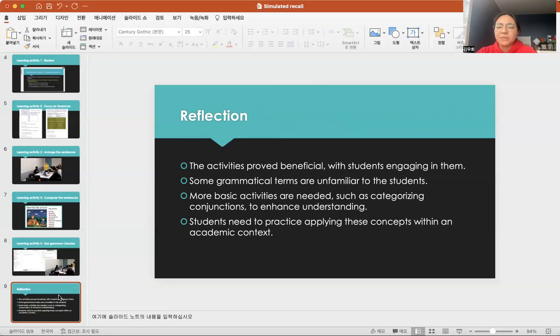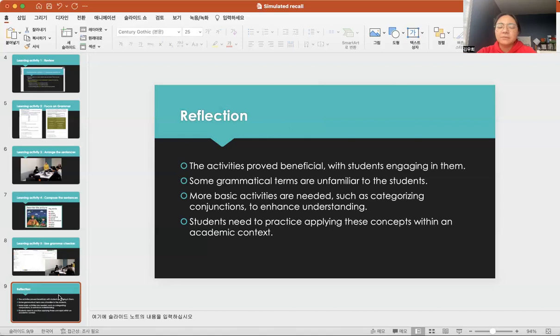However, some grammatical terms are unfamiliar to students, such as coordinating conjunction, subordinating conjunction, independent clause, and dependent clause. Those terms are hard to mention, and it's hard for students to recall. So I would rather find an easier way for students to remember those grammatical terms.